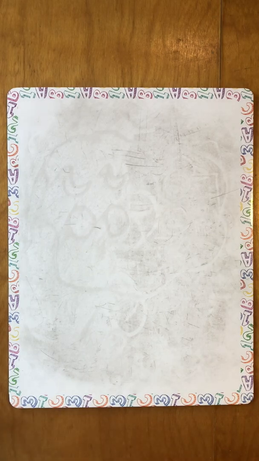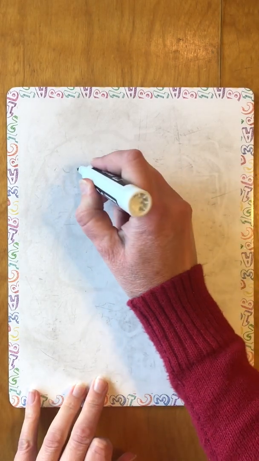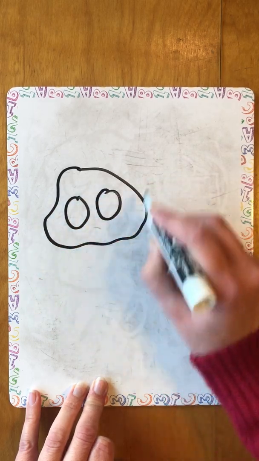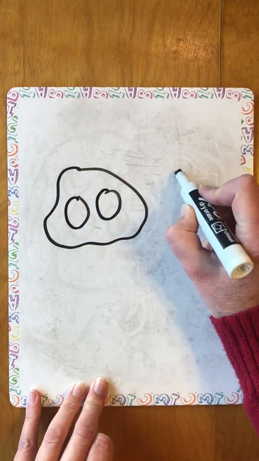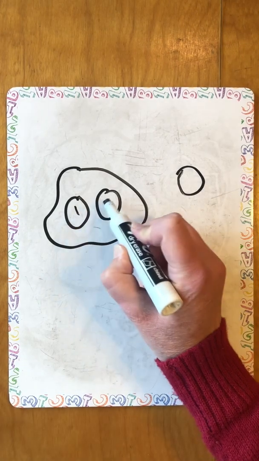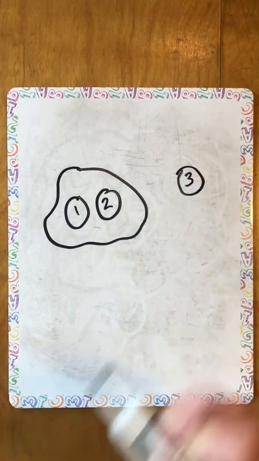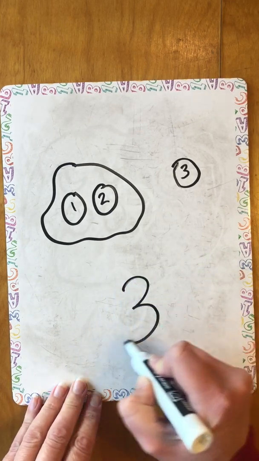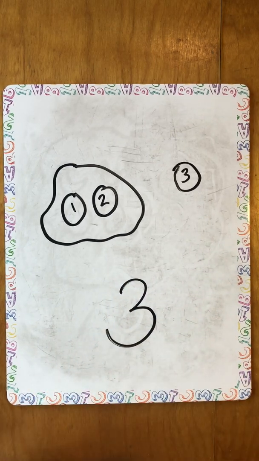So let's draw it now. 2 ducks are in the water, so I'm going to make my water. There's 2 ducks in the water, and here's my duck sitting on the grass. 1, 2, and 3 all together. So 3. There are 3 ducks all together.